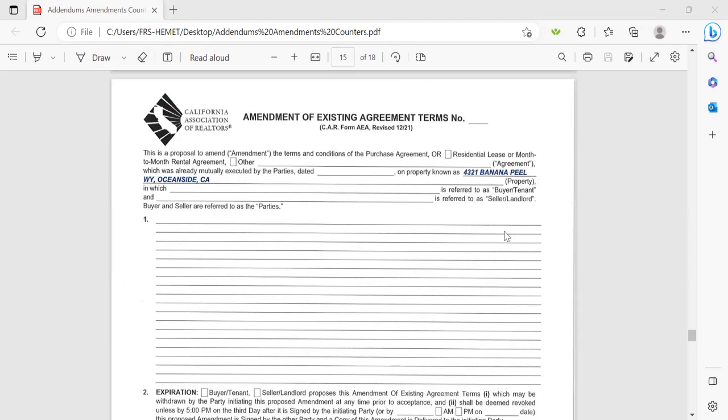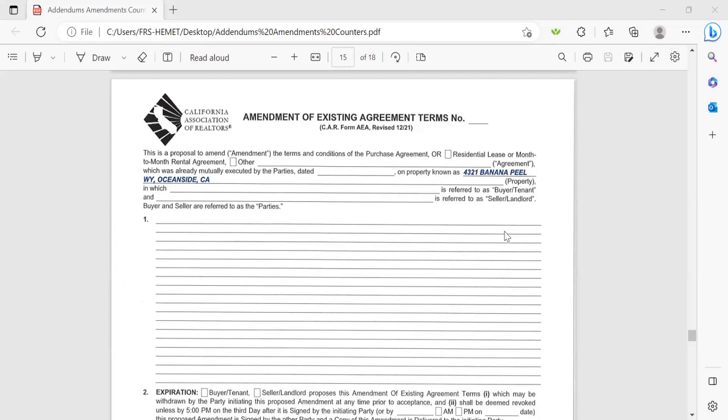Say for instance, the buyers were trying to get a loan and they found out that even though they thought they'd qualified, there was a little bit of an issue with their qualifying because their income isn't the same this year as it has been the last couple of years. Maybe their overtime got cut and the overtime is not guaranteed. So they need to get somebody else on there with them.